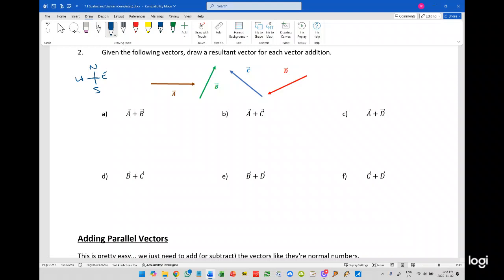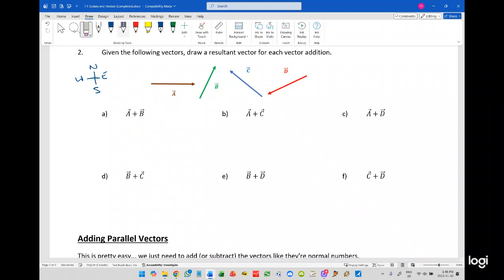So if we want to add these, usually before you start adding vectors pictorially, before you draw the arrows, you should think about what it's going to look like. So in this case, A plus B is going to take us east and then northeast. The reason I say that is because I'll have a bunch of students that will go, okay, so it's this plus that, and then my vector's this, and then it goes through the question or off the page, and it makes a huge mess.